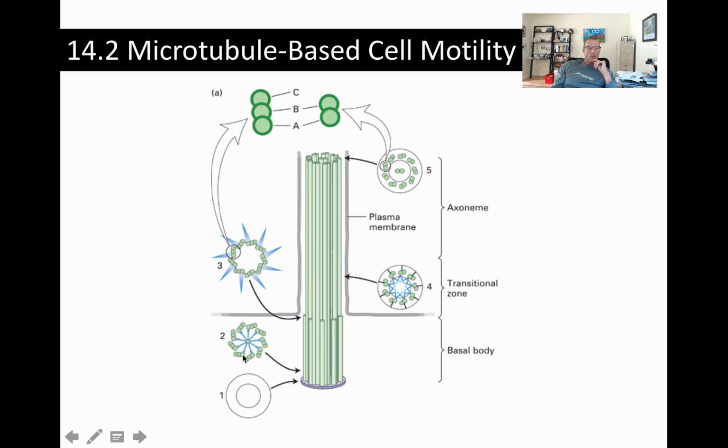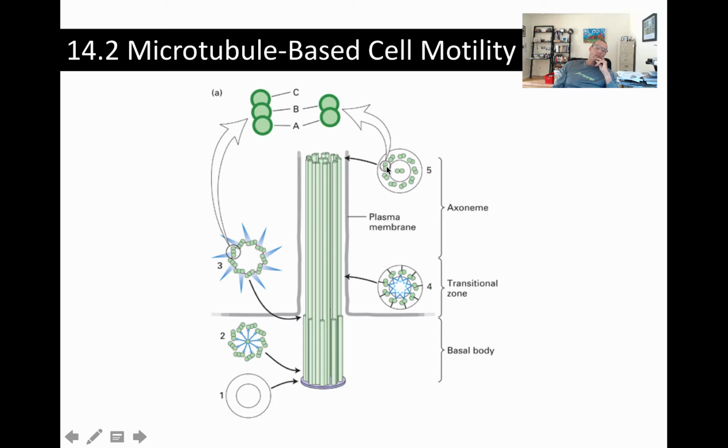Each of those microtubules in a triplet is sharing a common wall, and those microtubules are called A, B, and C. So the centriole-like basal body has A, B, C arranged triplet microtubules, and then we see them in part of the transitional zone, but when we get up towards the top of the transitional zone, the C microtubule has terminated, and we are left with just the AB microtubules and their shared wall, and that will be the structure of the axoneme.